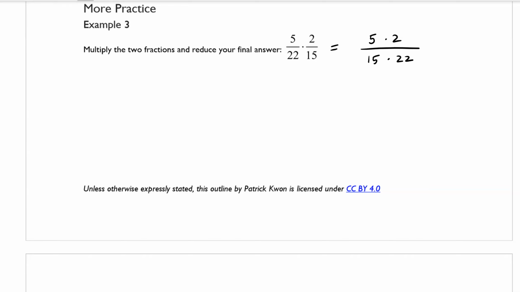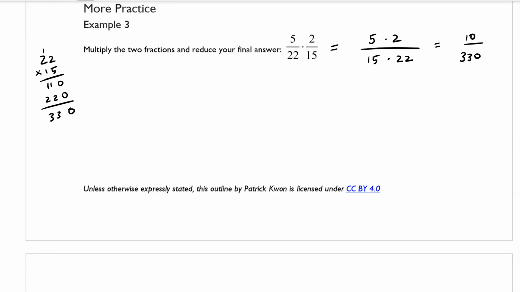Now notice that in previous examples, I would have actually multiplied those numbers together, but for right now, I'm leaving them not multiplied. And I'll show you why that is, because ultimately, if we were to multiply this, we would get 10 divided by, let's see, what is 22 times 15? So we have 330.